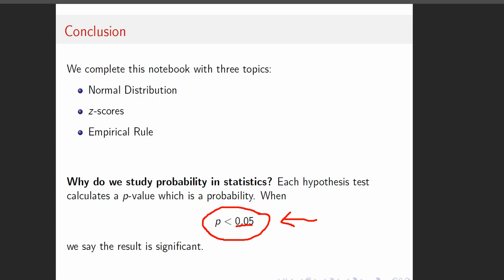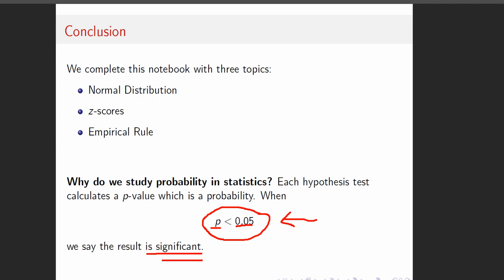Now, there are some niche problems where we adjust that probability slightly, but usually when we calculate a p-value from a hypothesis test, and p is less than 0.05, there's less than a 5% probability of it happening, we say the result is significant.